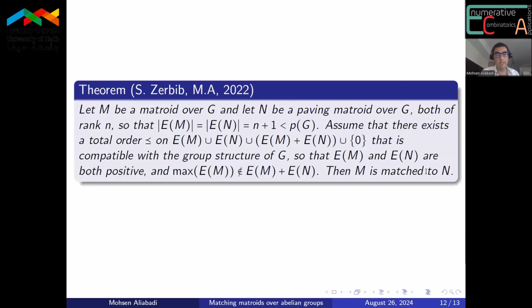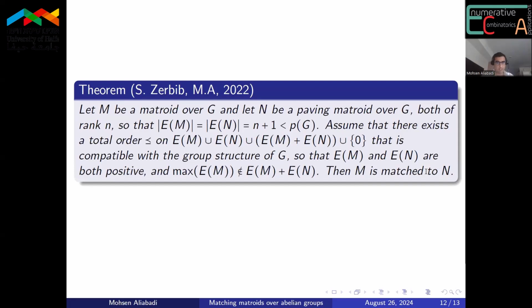Regarding paving matroids, things become very complicated, because in a sparse paving matroid, like I said, or in uniform matroids, every n-set is a basis or very close to being a basis. But in paving matroids, this is not the case. So in this situation, we need to come up with some total ordering over our group.